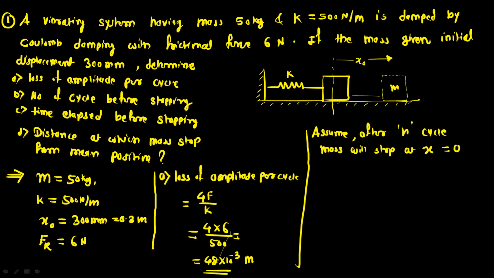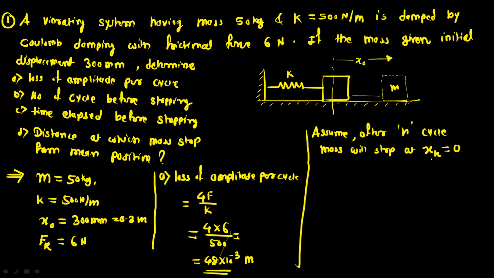That means if you perform n cycles, for each cycle its amplitude will go on reducing, and after n cycles its amplitude will become 0. So I will assume xn as 0. So this is a hypothetical case.